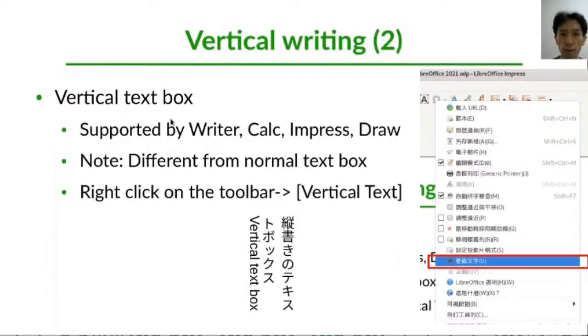And another case is a text box. The vertical writing function can be used in various places, for example, a chart. And when the code changes the vertical writing feature, those sometimes break.